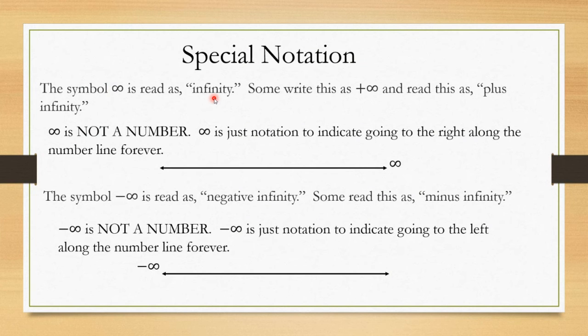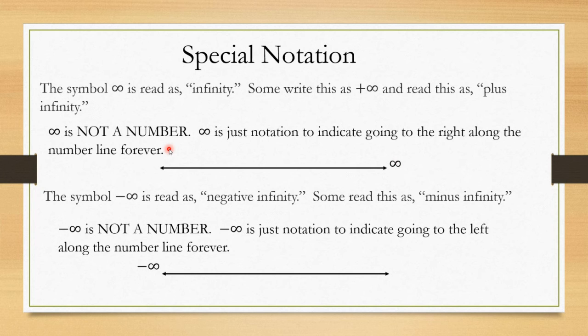Some authors write this as plus infinity, and they read it as plus infinity. The whole idea is that it's just an indication that you keep on going to the right along the number line and you never stop. You keep going in the positive direction forever and ever. But it's not a number. It's just notation.